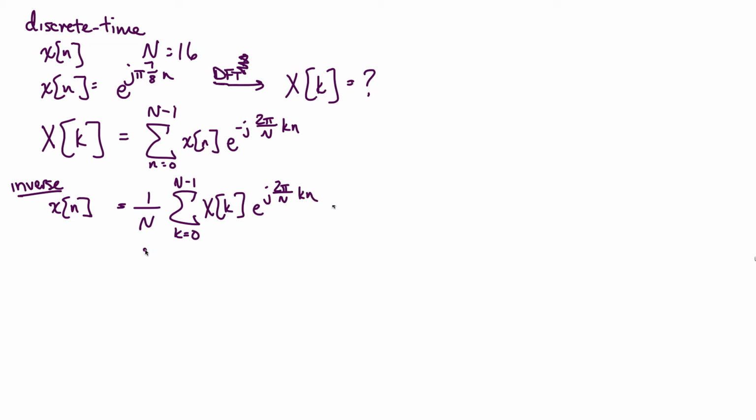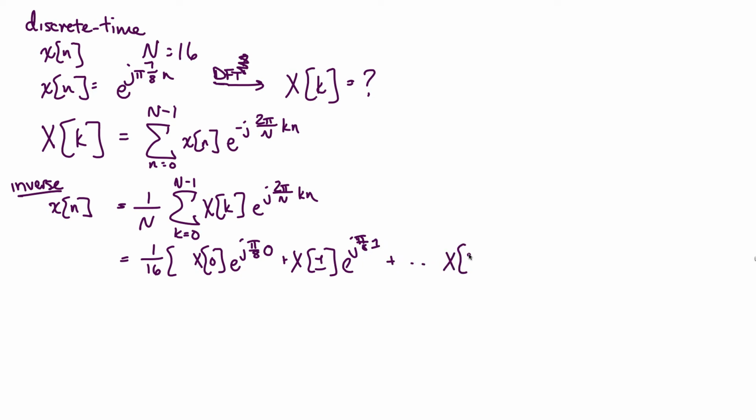So why would this be useful? Well, if you were to write all of this out over k, you would end up with big X at 0 times e to the j pi 0, plus X of 1 times e to the j pi over 8 times 1, plus, and so on, until you got to X of 15 times e to the j pi over 8 times 15.